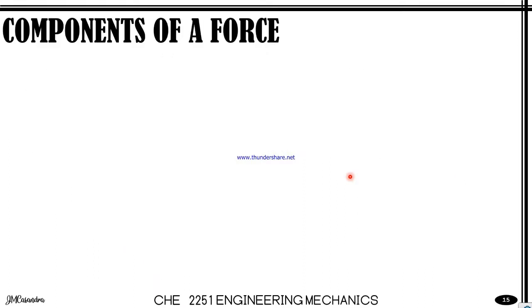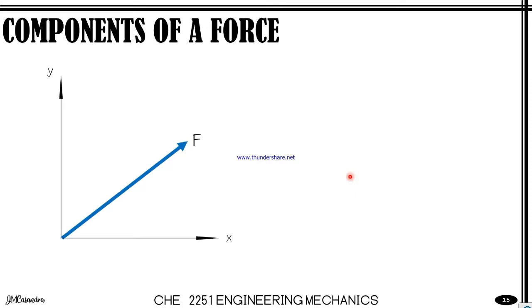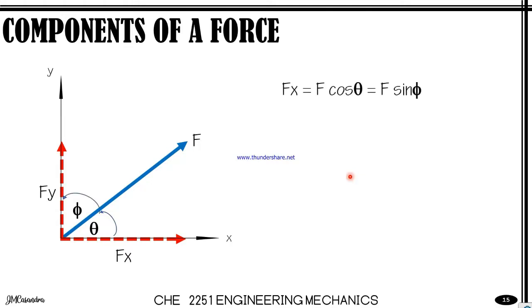In computing for the components of a force, based from your physics, if we use the magnitude of the force and the angle of its direction, we can solve for your Fx and Fy, or your x and y components. Fx is equal to F cosine of theta, or F sine of phi. And Fy can be computed as F sine of theta, or F cosine of phi.